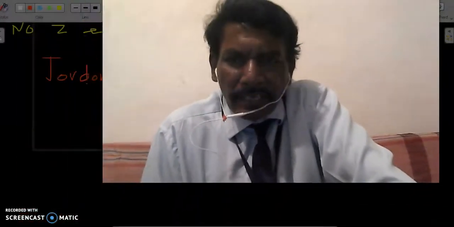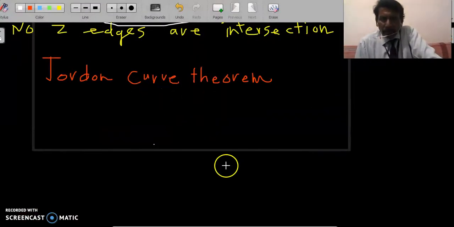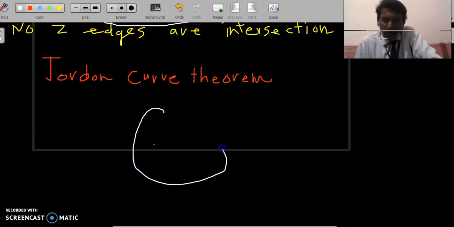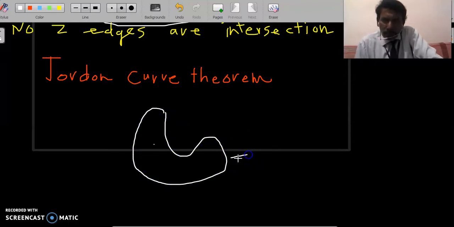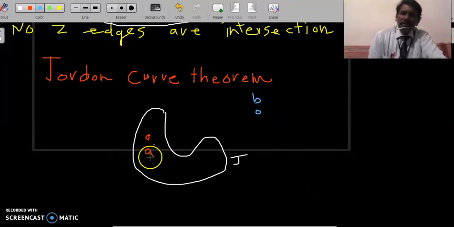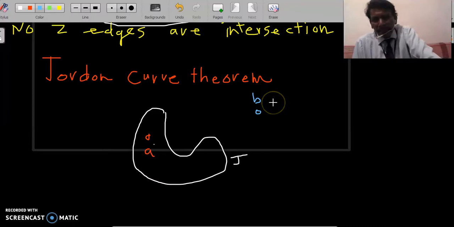Let me explain that now. Let me take this as a closed curve, a closed Jordan curve. Suppose A is an interior point, and B is an exterior point.